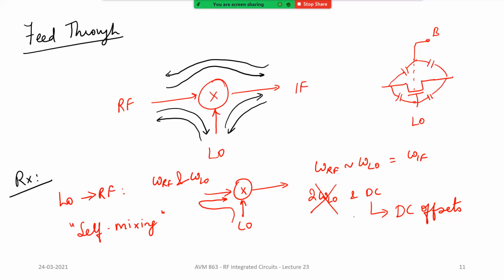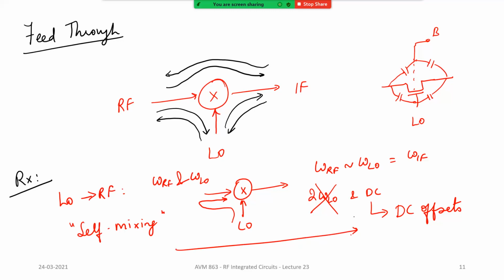Now DC levels are very important in CMOS circuits because that is what is going to bias your next stage. So if your DC starts getting shifted here and there, you're going to have a pretty bad problem. This is the problem of DC offset. So self-mixing is one effect, and it gives rise to DC offsets.